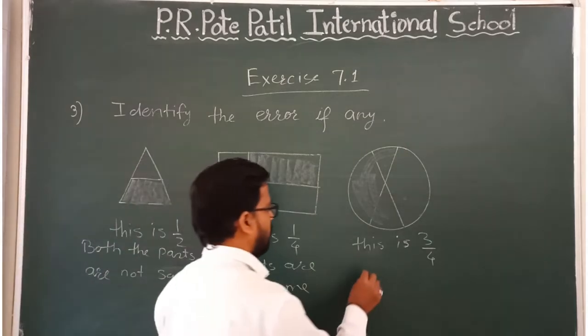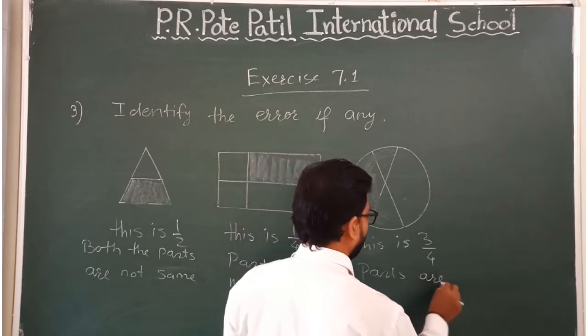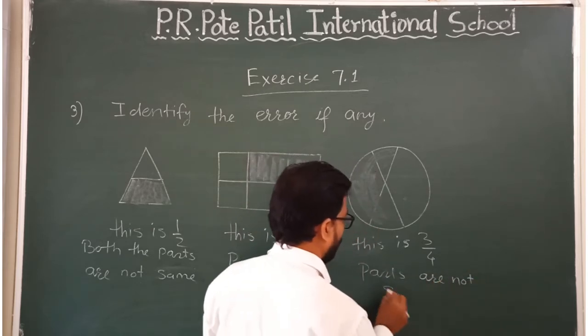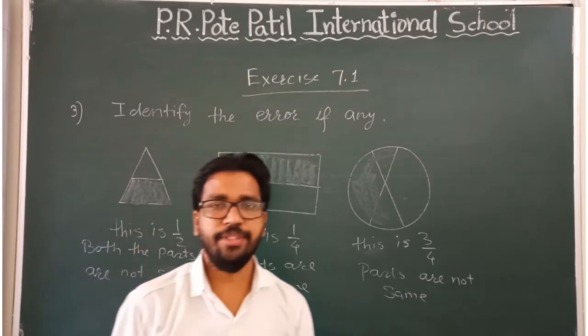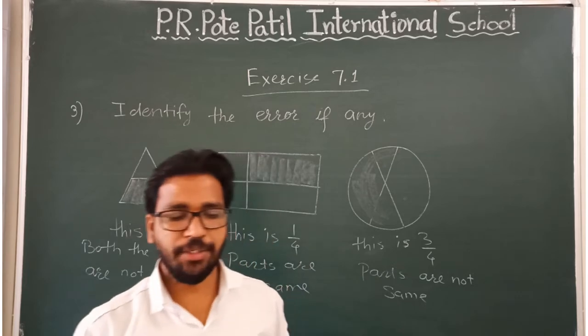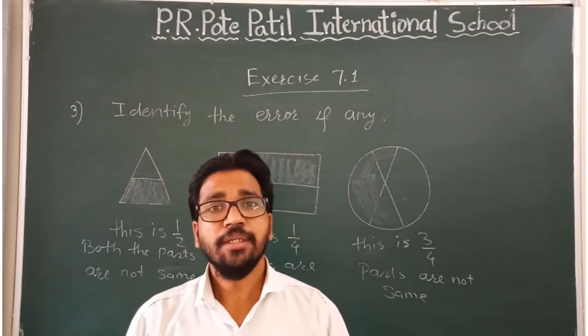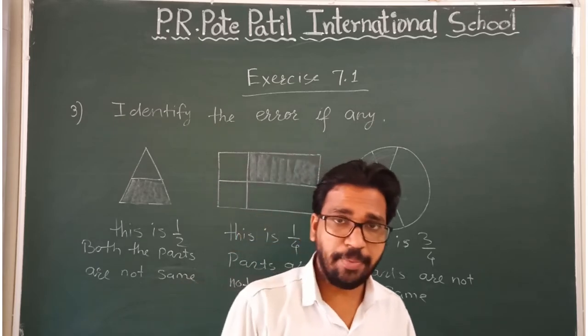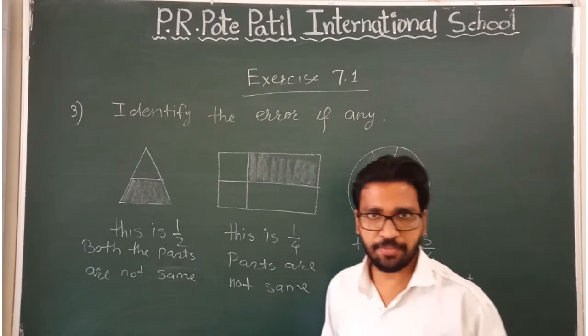Here also the parts are not the same. If the parts are the same, then only we can convert it into a fraction, then only we can represent that part in a fraction.